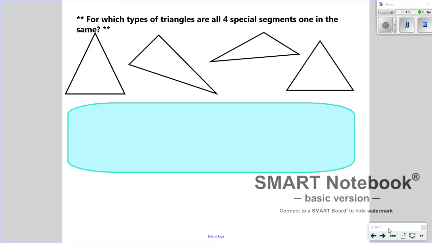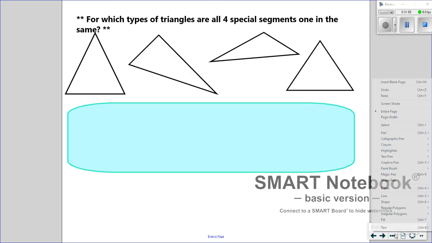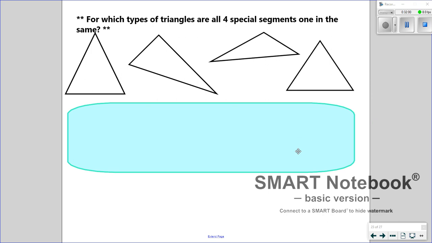Okay. So for this one, because we learned all the different types of triangles from the previous lessons, and with the special segments, they say for which type of triangles are all 4 special segments one and the same?